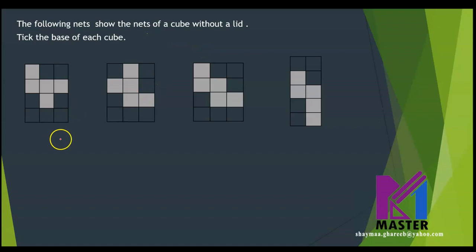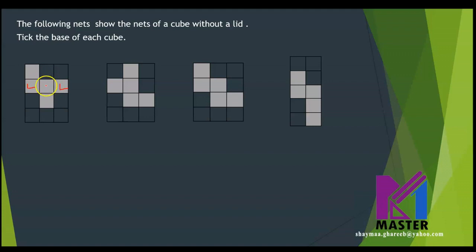So I need to find which of these faces has no opposite face. To identify the opposite faces, we are going to do what? Start from the column or the side that has 3 or 4 squares. I have a row here that has 3 squares. Then this face is opposite to this face.